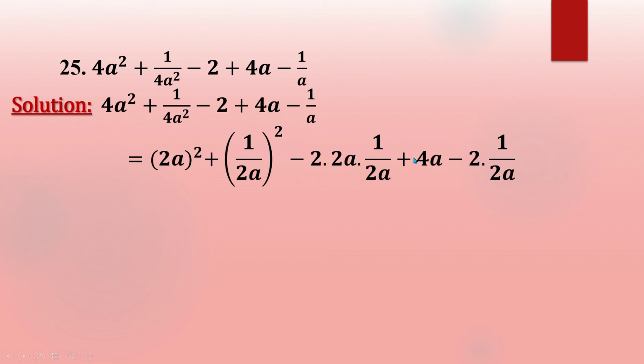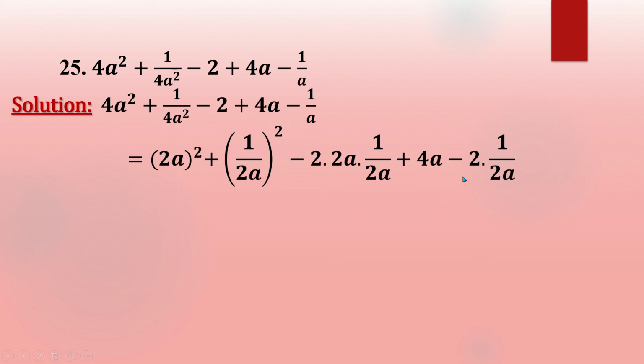Okay, plus 4a minus 2 into 1 by 2a for making this. We can take 2 common, we can write like this. As a result, from here we can easily take 2 common, because 2 cut will get 1 by a.